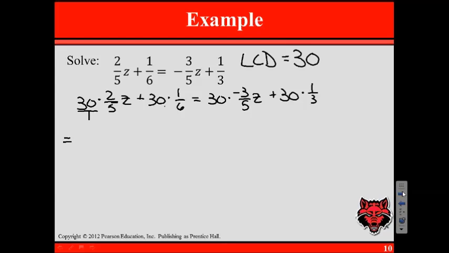So every time I wrote 30, I'm going to rewrite that as 30 over 1. And then we will multiply the numerators together, multiply the denominators together, and simplify.